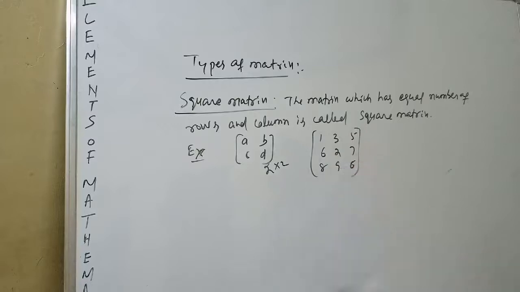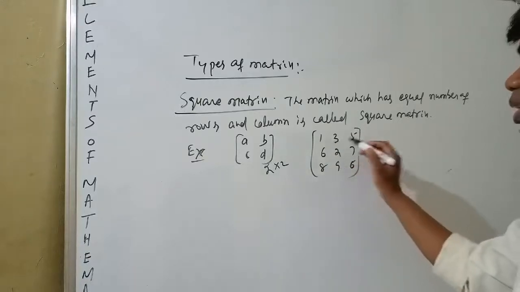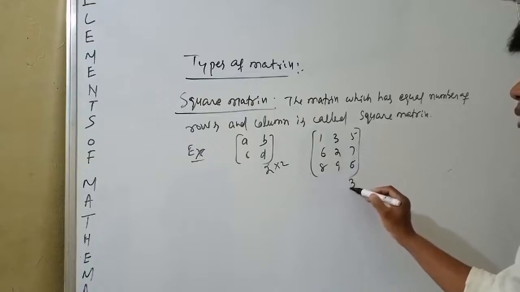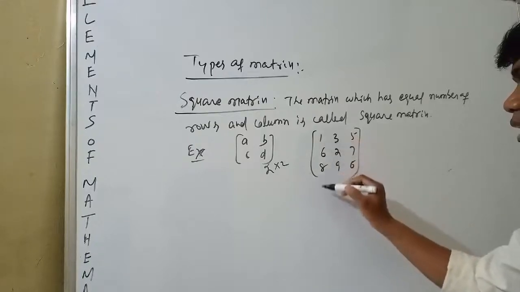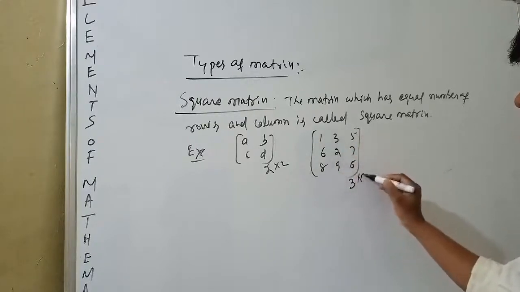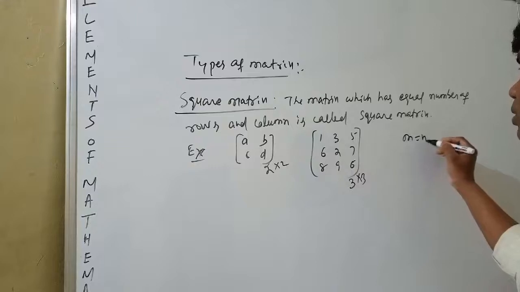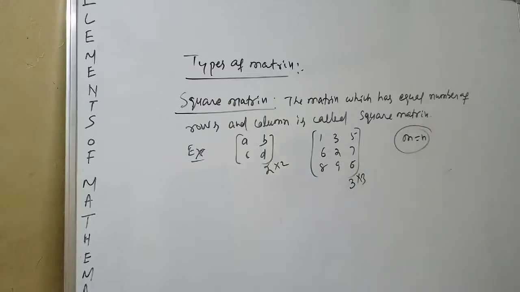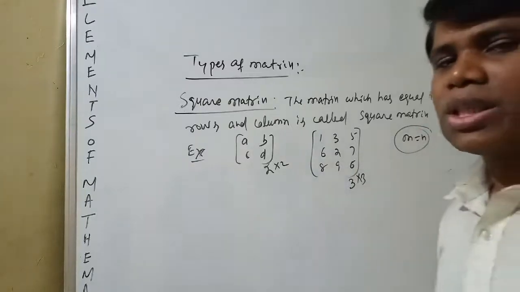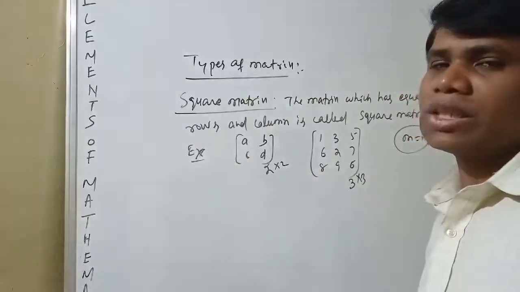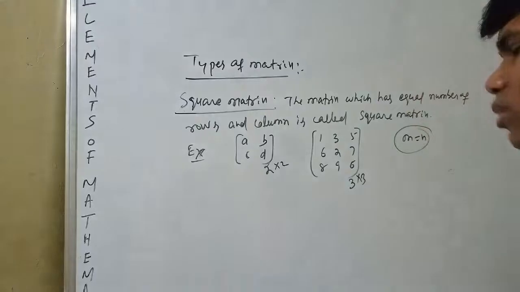How many rows are there? There are 3 rows. How many columns are there? 3 columns: column 1, column 2, column 3. That means the same number of rows and columns. Here m is equal to n. This type of matrix is called the square matrix.